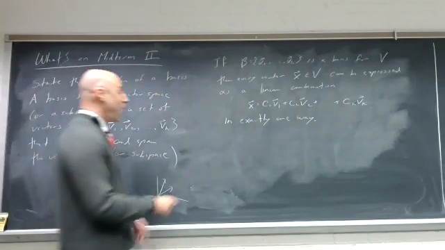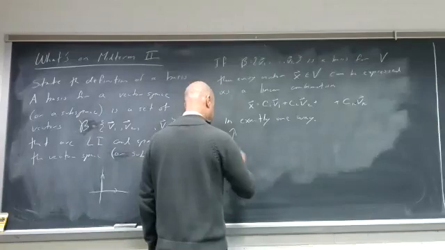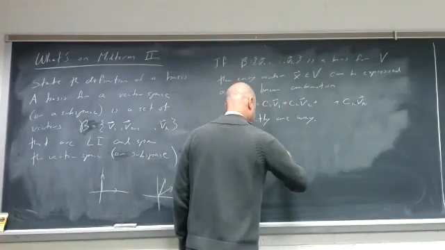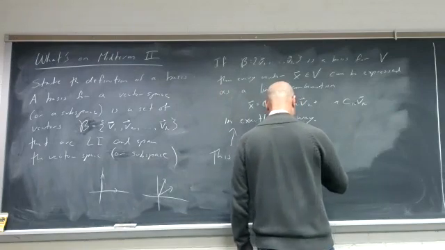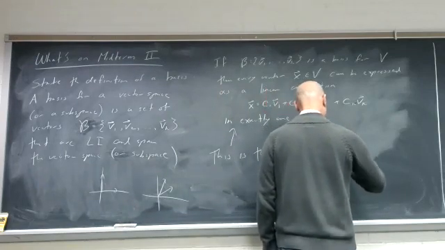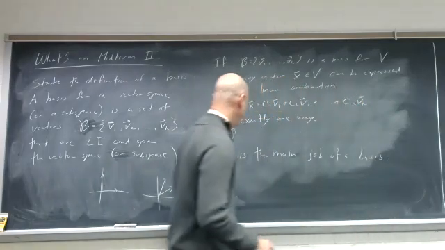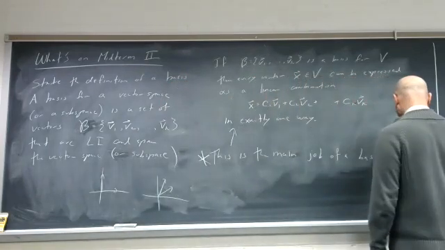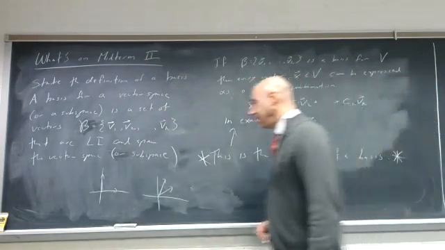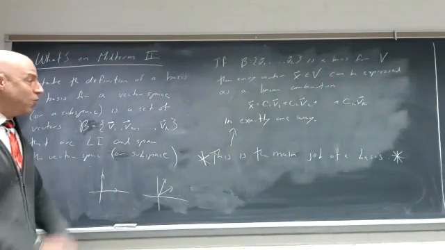This is the main job of a basis. This is why a basis exists: to allow us to express all the vectors in the vector space as a linear combination of the basis vectors and do it in a unique way.